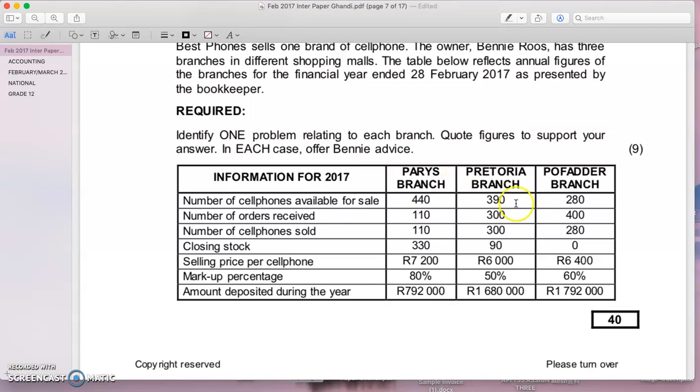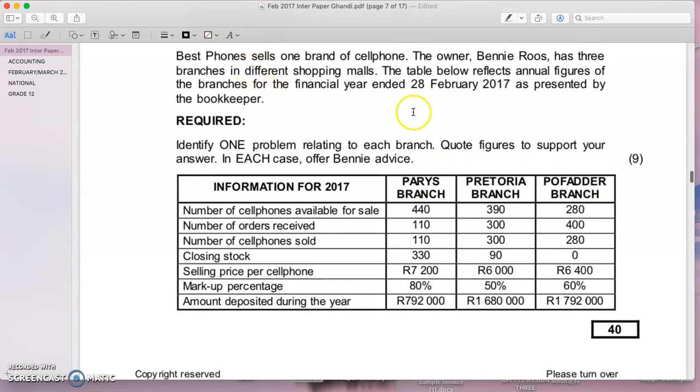And typical advice for these kinds of problems would be that maybe we could take stock from another branch. Remember, Best Phones and this owner owns all three branches. It's one business, different branches. So one of the solutions would be to take the stock from the branch that has too many, or we can just order more stock, purchase more stock.